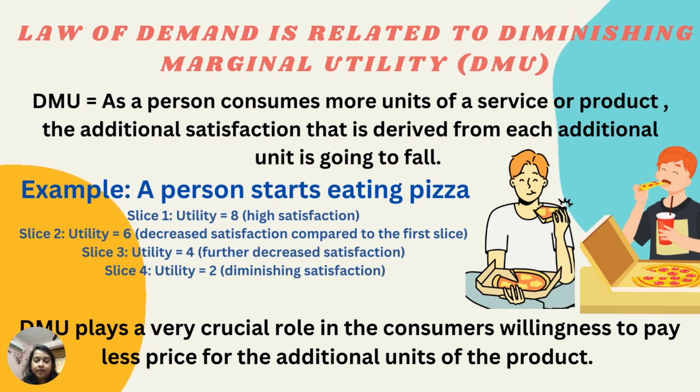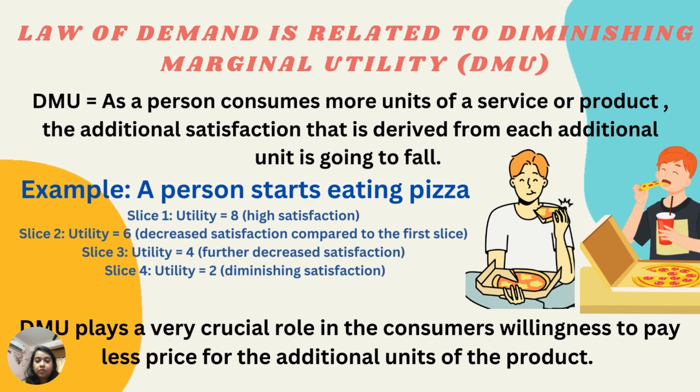When you consume the second slice, your satisfaction will decrease slightly, and then with the third slice, it will decrease further. By the fourth slice, you will not be willing to have more, or you might vomit, or feel overloaded.